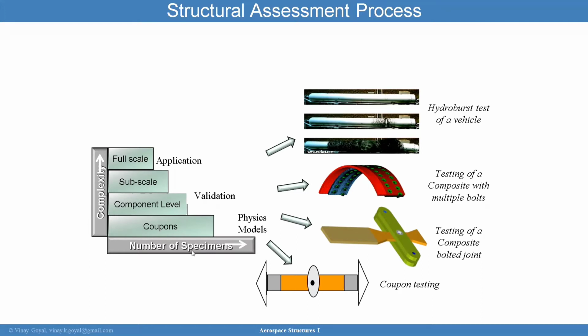So if I have a number of specimens I can test, and I can create models to correlate the models to the failure modes I get in a smaller coupon configuration, that's very advantageous because when I go to the next level, the sub-element test, and in this case, what you see here is a bolted joint in a composite structure. This configuration is going to have failure modes that are quite complex, like fiber failure, matrix cracking, delamination, and so forth.